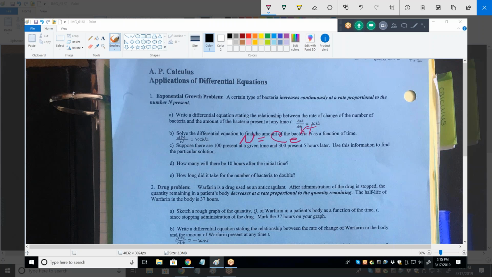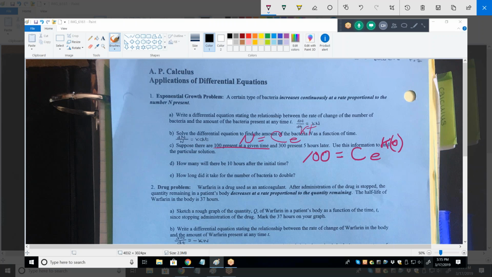Okay? So, what's an easy way to solve for C? Well, let's look at that part of the sentence. There are 100 present at a given time. So let's say the number present is 100. And let's make that given time the beginning. So t is 0. Notice how that allows you to solve for C. Any number to the 0 power is what?